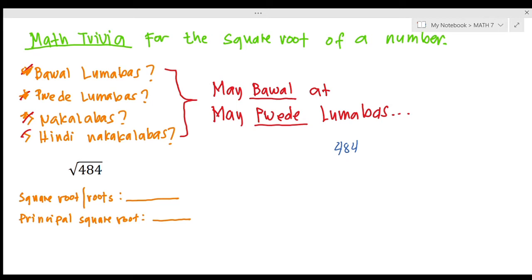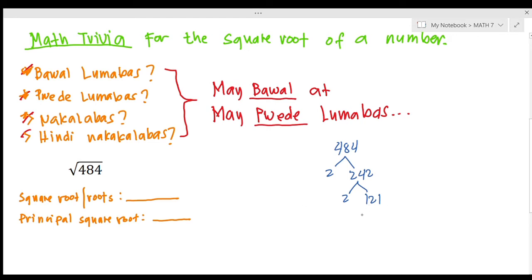To find out, we need to divide 484 by 2, and the result is 242. Now, 242 can still be divided by 2, and the result will be 121. And also, 121 can be divided by 11, right?